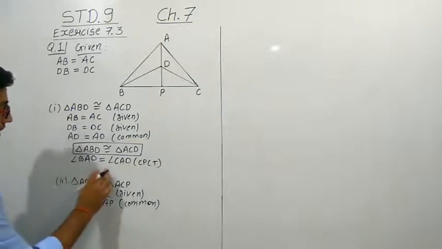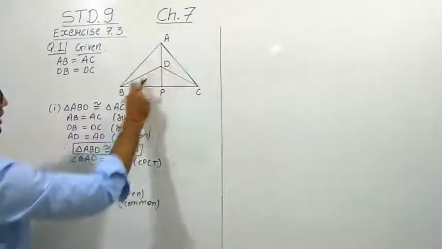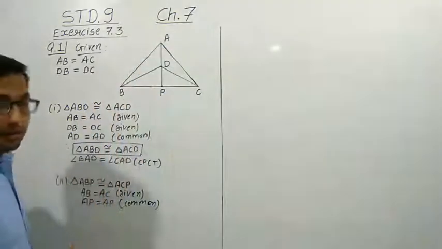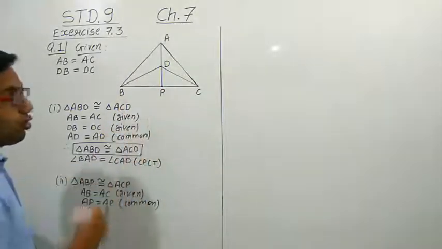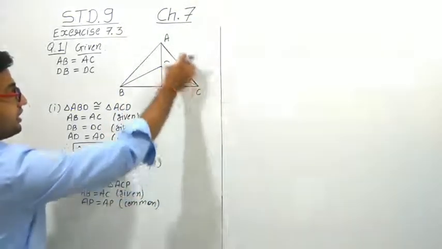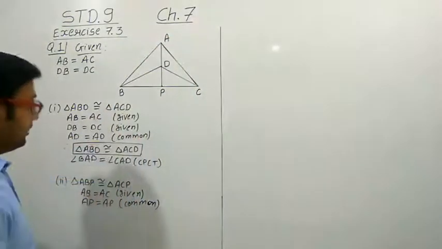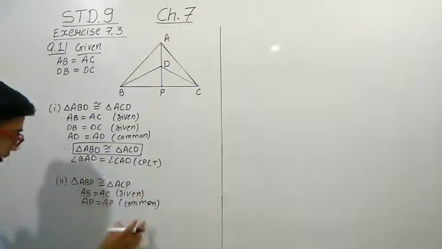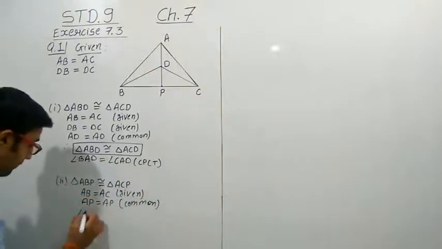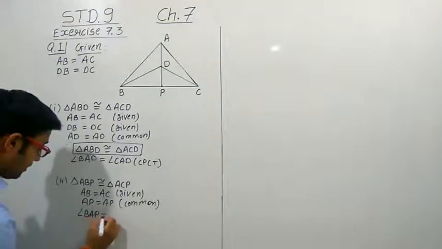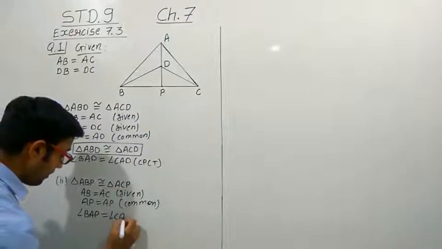Now, why do we write this condition? Because now, instead of BAD, we can take angle BAP, because A, D and P are collinear. In the same way, CAD we can write as CAP. So instead of BAD, we write angle BAP is equal to angle CAP.